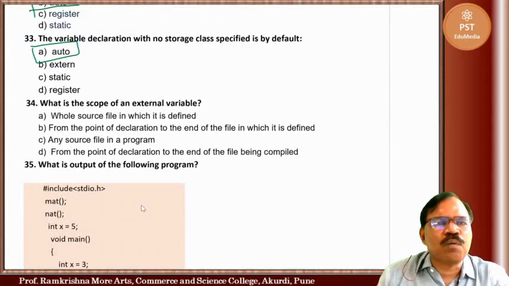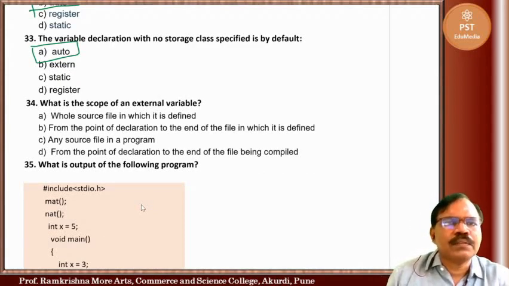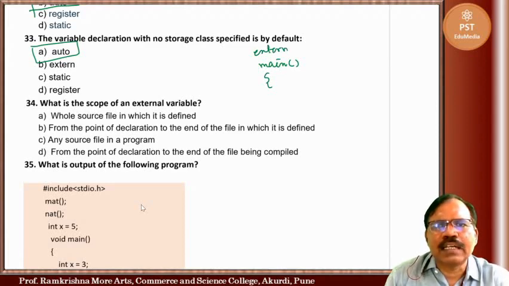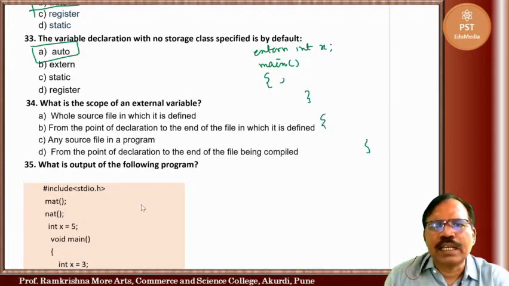What is the scope of an external variable? External variable means, suppose we have a main function, and if I define here extern int x, and there are a number of functions, f1 function, f2 function, f3 function, and so on.